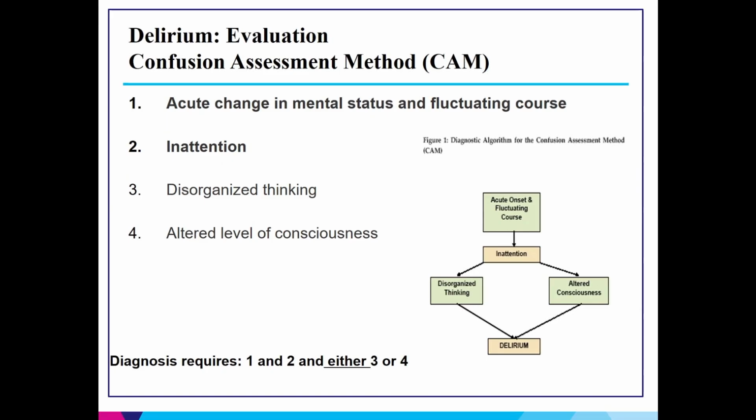Again, the CAM should be part of that bedside evaluation, and it can fluctuate throughout the day. But without using a standardized tool, nearly 40% of these cases can be missed.